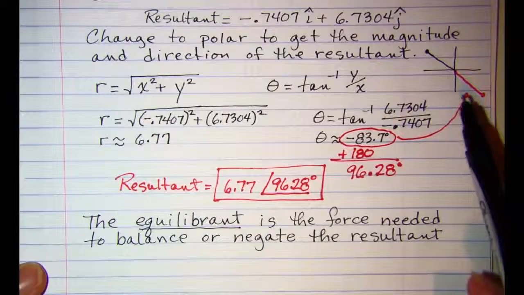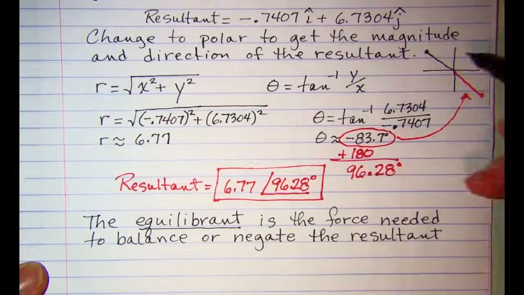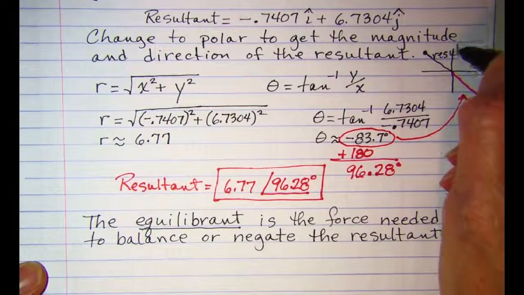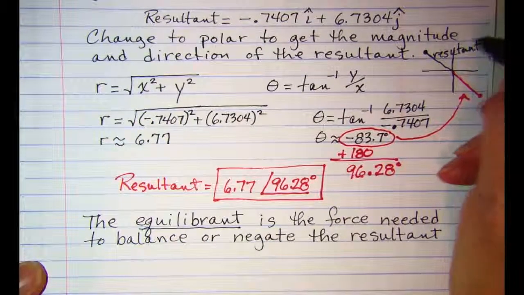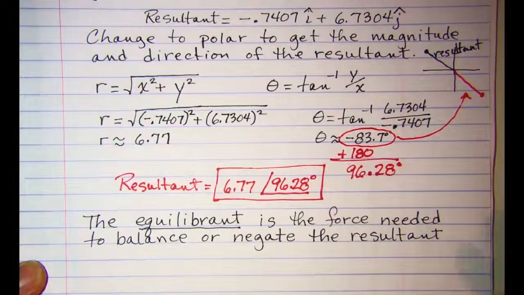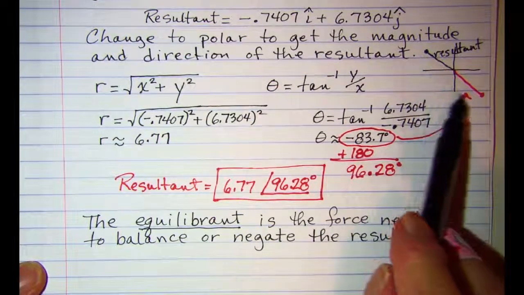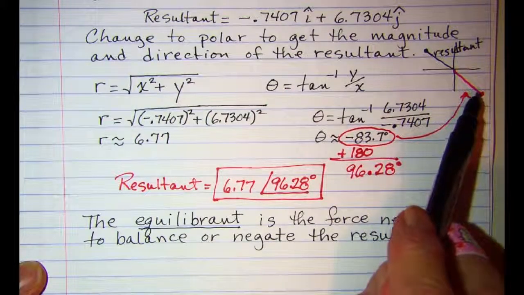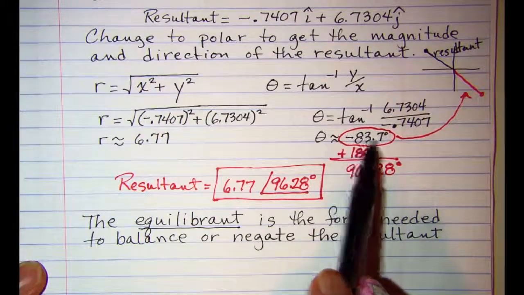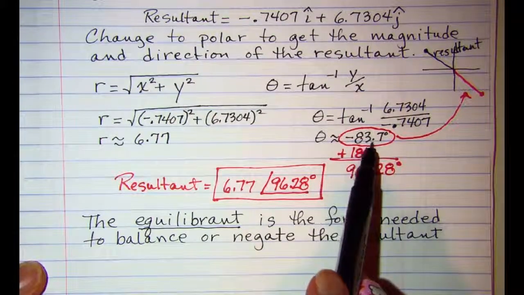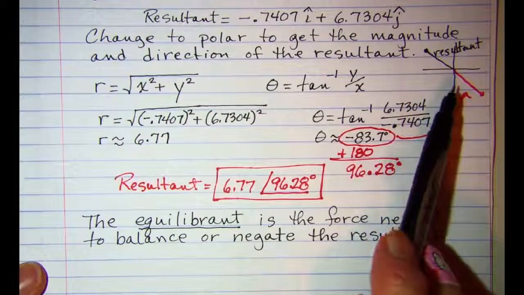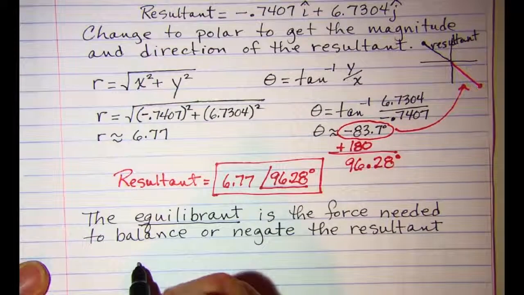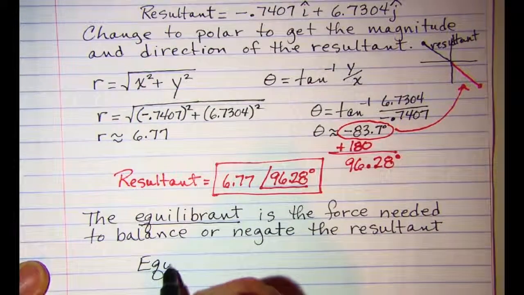So for our vector, this was the resultant. The equilibrant is the one that goes in the opposite direction. So our red vector that we got initially here would be the equilibrant, or the vector that would balance this resultant.